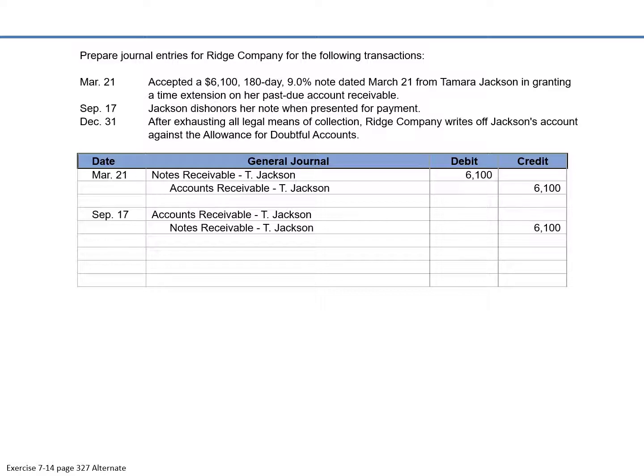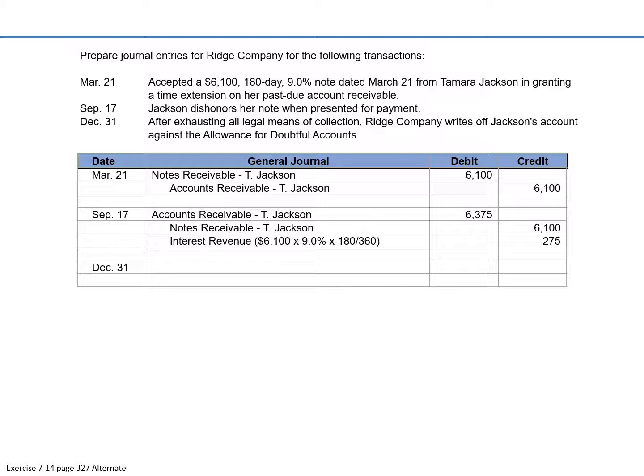So we have notes receivable for T. Jackson, credit of $6,100. We're going to get that off the books and put it back to account receivable. But we also need to record our interest revenue, which is $6,100 at 9% times 180 divided by 360. So that's $275. So the balance of our account receivable now goes from $6,100 to $6,375.